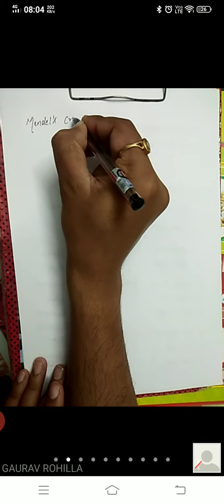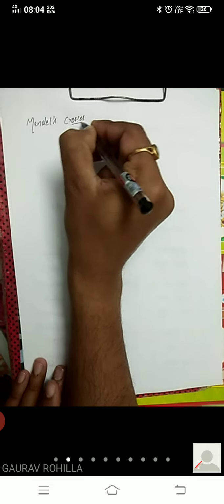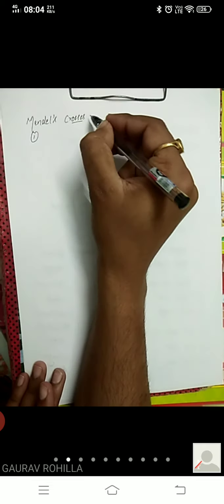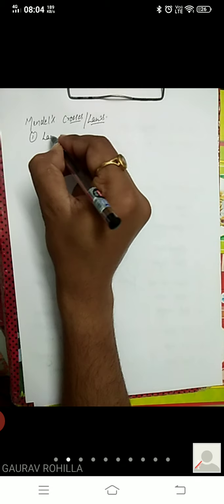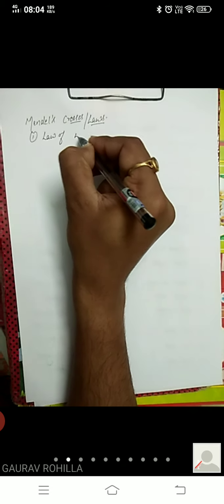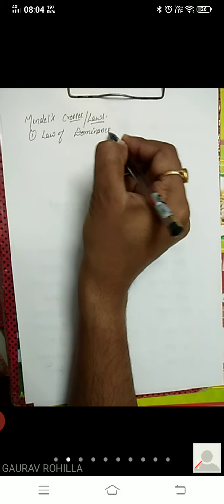Mendel's crosses are known as Mendelian law or Mendel's law. First, law of dominance or law of recessiveness.